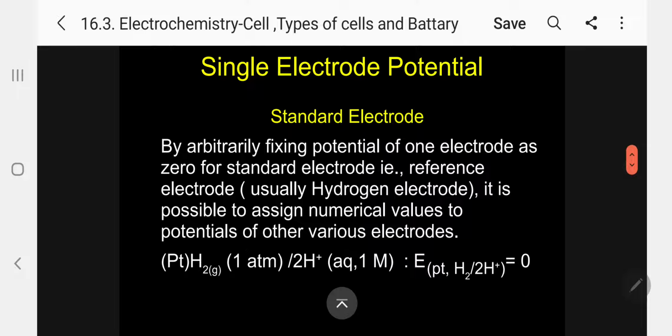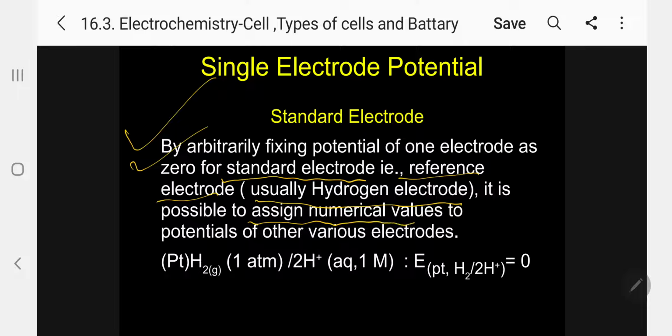Let me come to the standard electrode. By arbitrarily fixing the potential of one electrode as 0, the standard electrode, that is the reference electrode, usually the hydrogen electrode, it is possible to assign numerical values to the potentials of various other electrodes. So you take the hydrogen electrode as the reference or standard electrode.